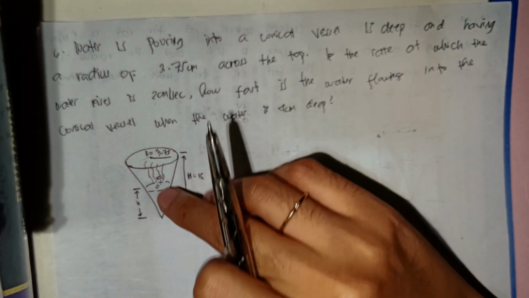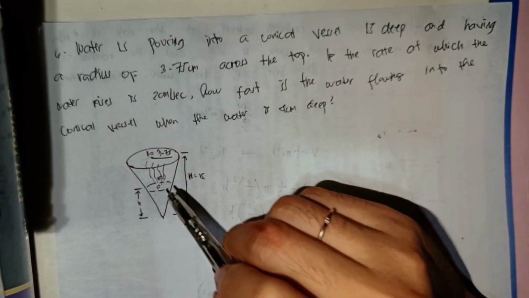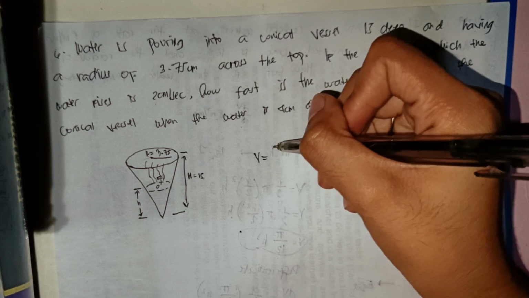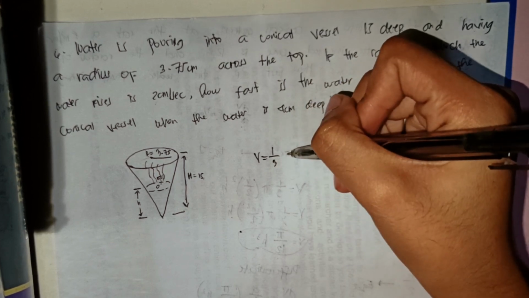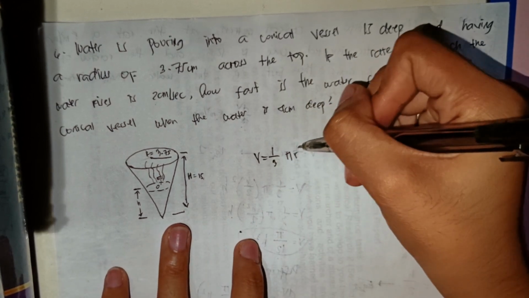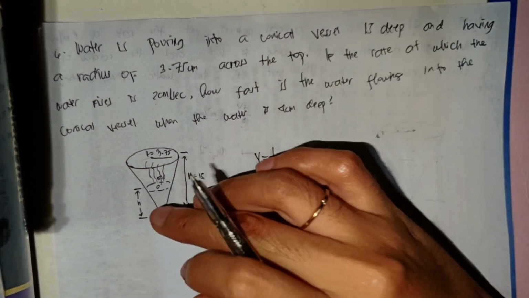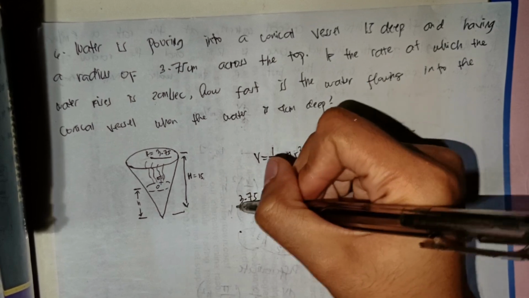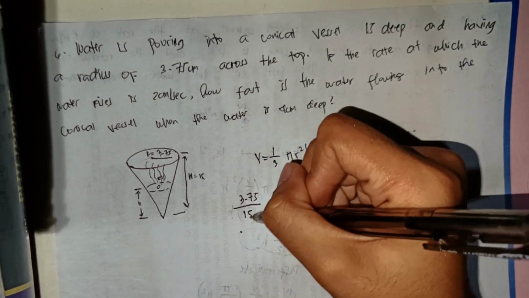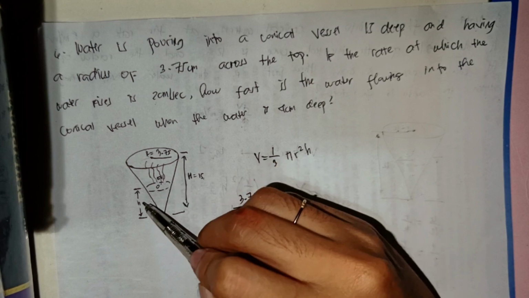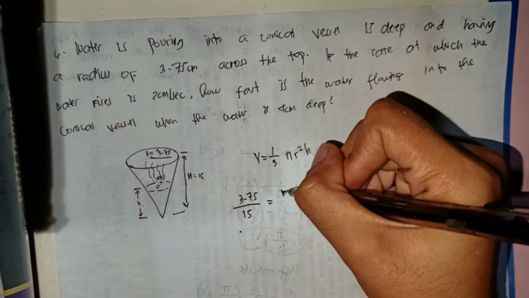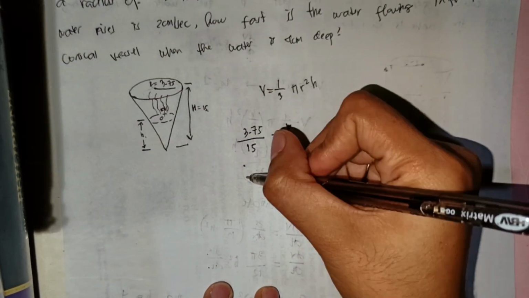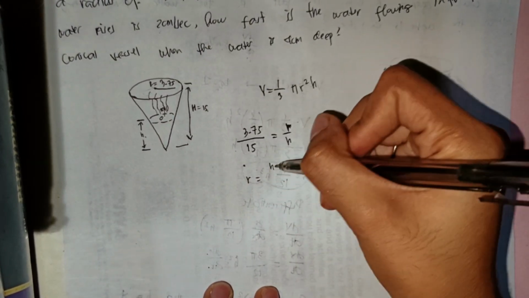For the volume, it is similar to 1/3 times base, pi r squared times height. And by ratio and proportion, 3.75 divided by 15 is equal to r over h. So, r is equal to h over 4.